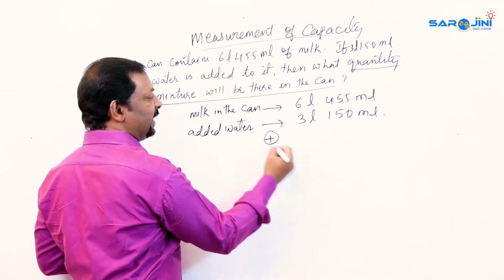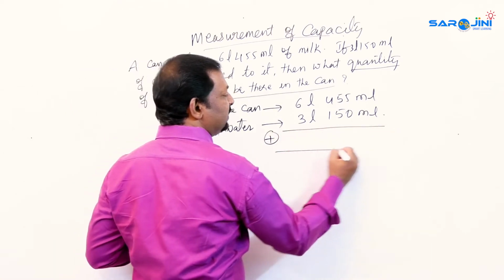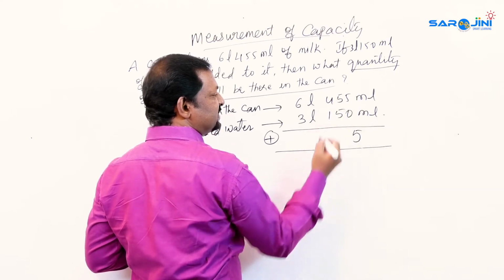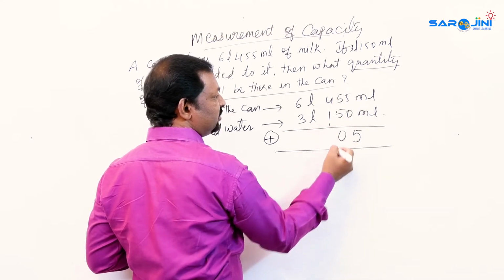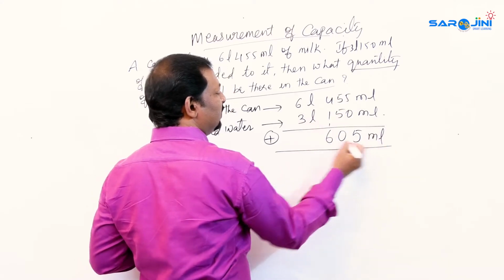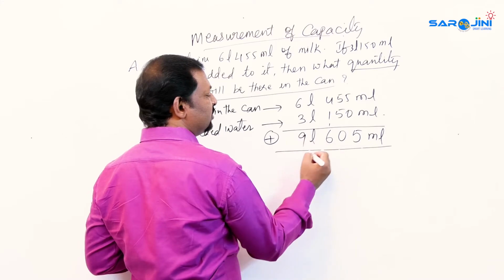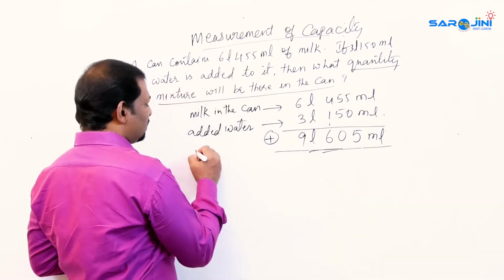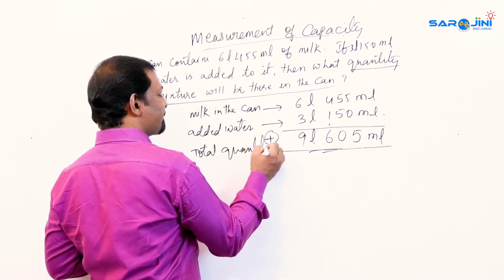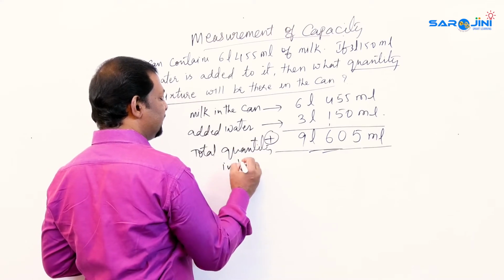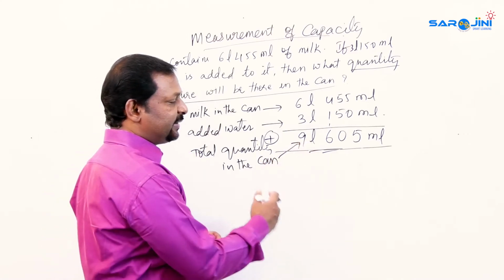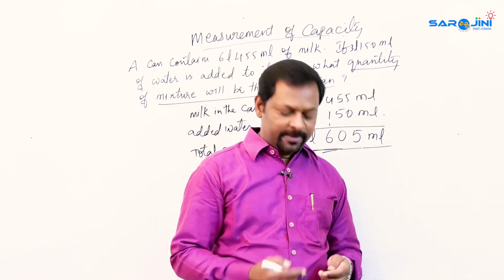That means we are going to add. So on adding this one, 5 plus 0 is 5. 5 plus 5 is 10. That's 1 and 0. 4, 5, 6. So this is ml and this is 6 plus 3, 9. So the total quantity in the can is nothing but 9 liters and 605 milliliters.